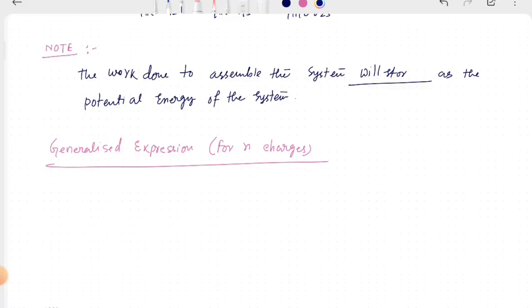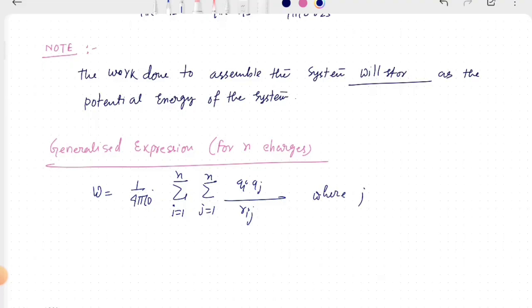Suppose we have a system of n charges, then work done is equal to 1 upon 4 pi epsilon naught, summation over i from 1 to n, summation over j from 1 to n, qi qj upon rij, where please remember j is greater than i. But there is a pair for i and j.